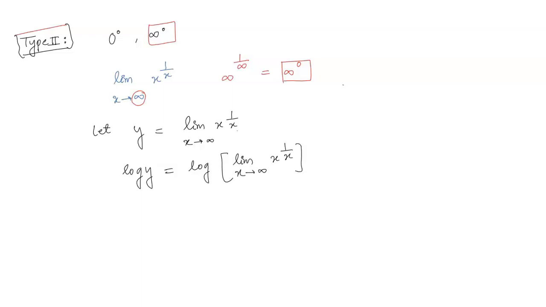Now this limit can be taken outside, and you can just introduce the log inside, because anyway this log is going to be associated with the function only. Limit you can put at any time you want. So this log of x to the power 1 by x again can be written as limit x tends to infinity, 1 by x into log of x.